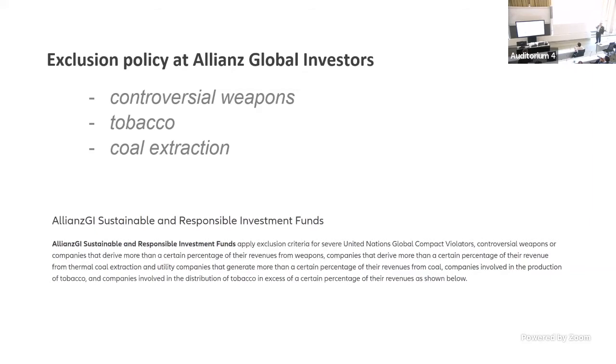They have an exclusion policy against tobacco and coal extraction. And what they say down here when they talk a little more in detail is that the rule they apply is that a certain percentage of revenue coming from one of these areas can only be a relatively small percentage. If it's higher than that, then that is the general exclusion criterion.